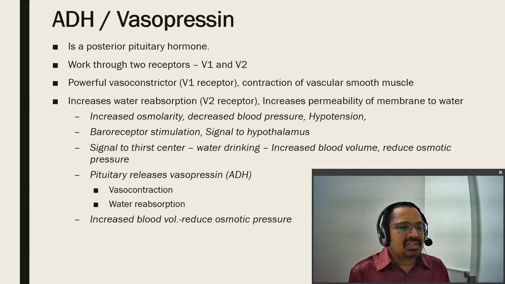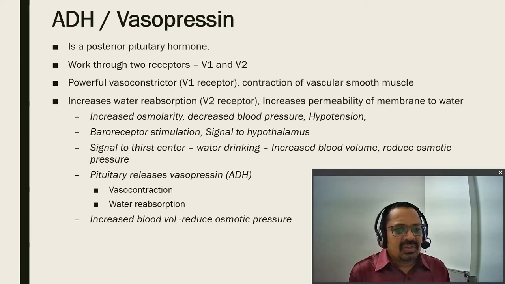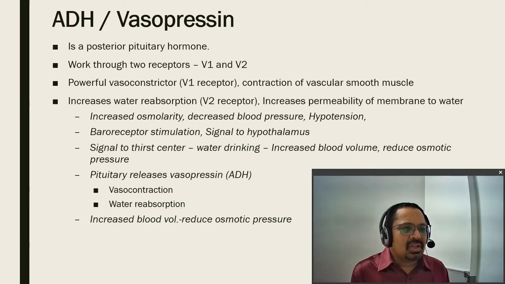Number one, it sends a signal to the thirst center, and due to the thirst center, the water drinking desire is initiated, where drinking of the water increases the blood volume and reduces the osmolarity. Whereas the hypothalamus also does the second function, that it sends the signal to the pituitary gland for the release of ADH, that is vasopressin.